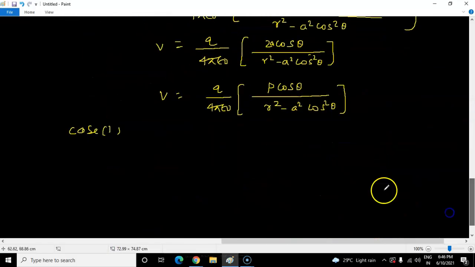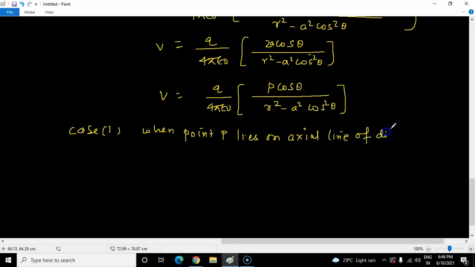Okay? Yes, sir. So when point P lies on the axial line of the dipole, theta will be 0. So cos theta is cos 0. Cos 0 is what? 1.